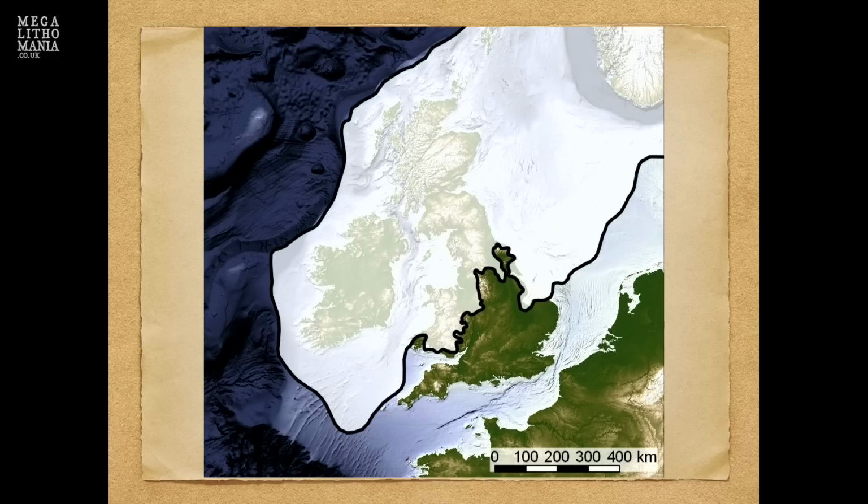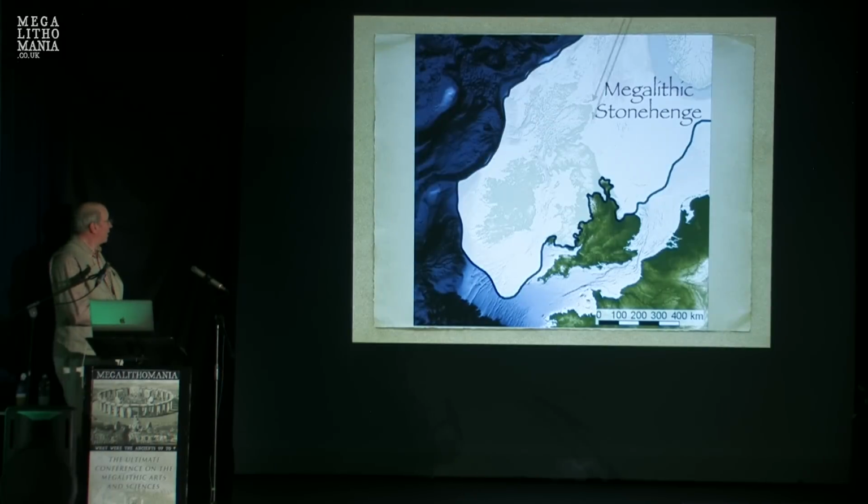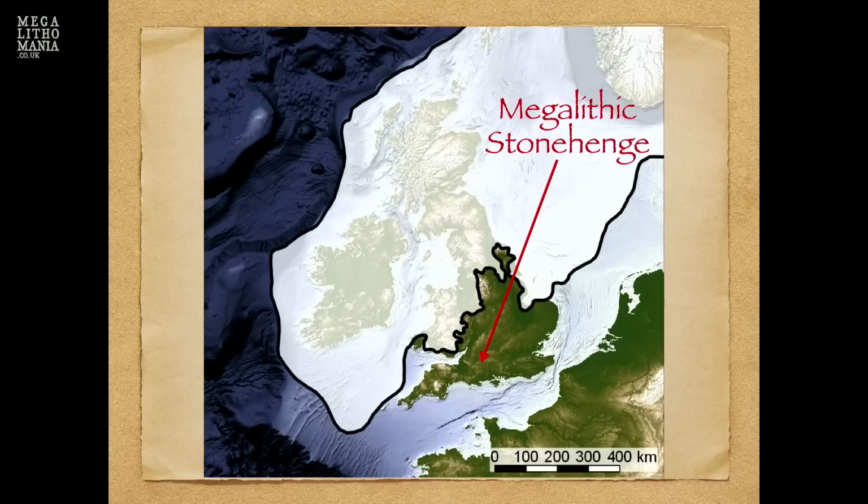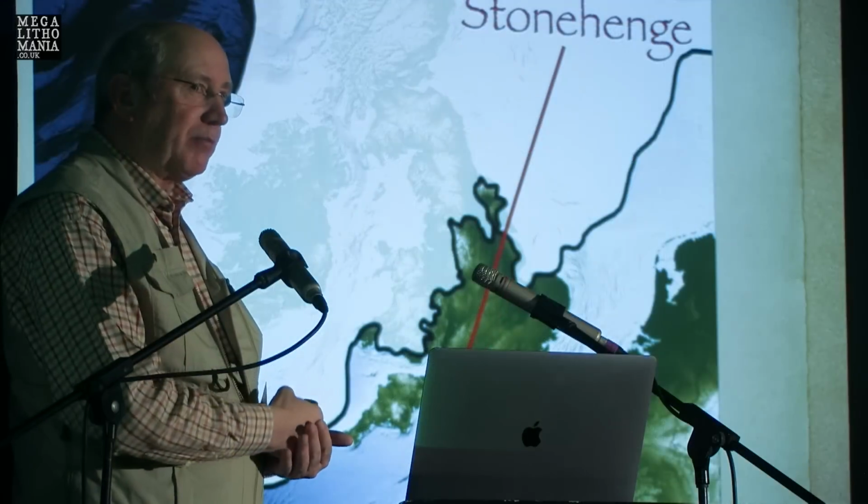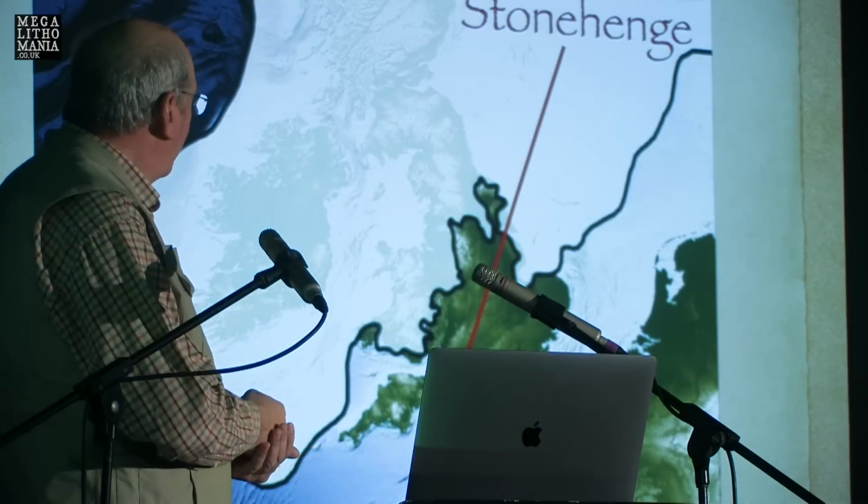And that is the terminus of the ice sheets. And Stonehenge, of course, and Avebury, they're here. So they're clear of the ice sheets. And if you want to look at the building of the henge, the Preseli mountains are clear as well. So you can even go and collect bluestones if you want. They're all in the clear.